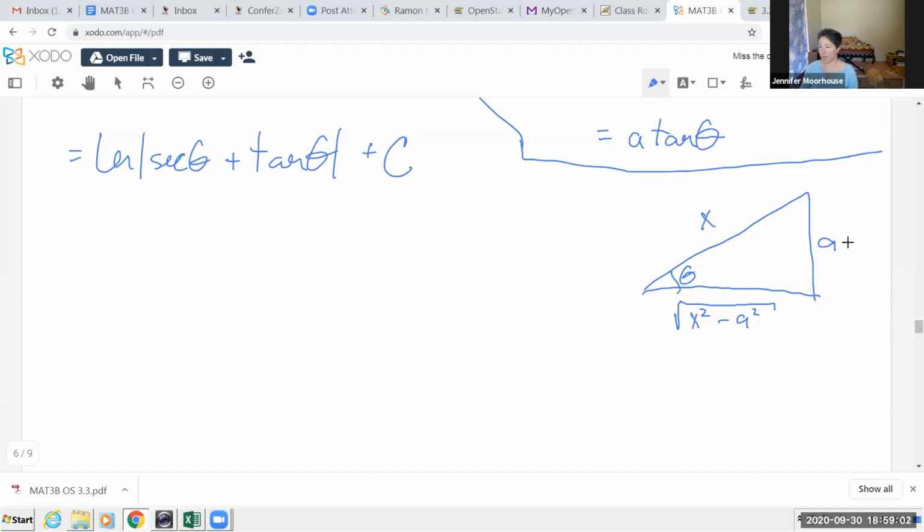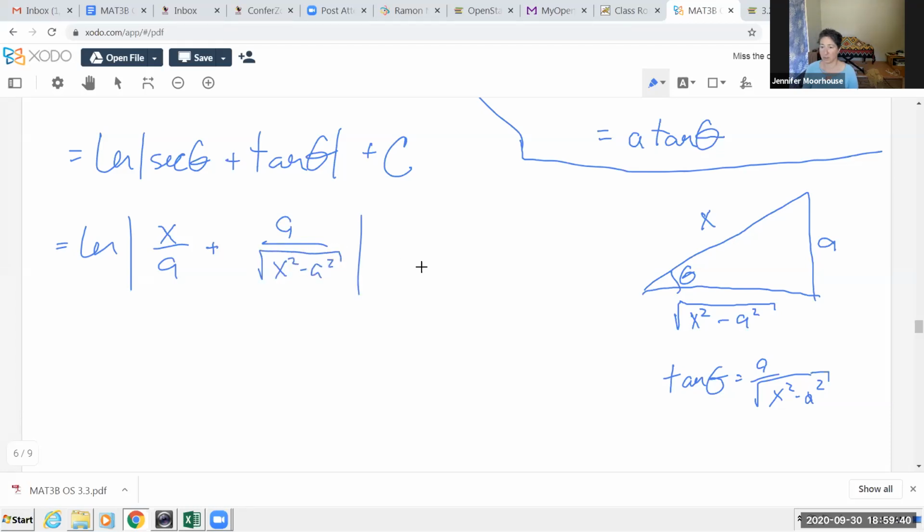So tan theta, which is opposite over adjacent, is the square root of x squared minus a squared over a. So secant is x over a, and tangent is the square root of x squared minus a squared over a.